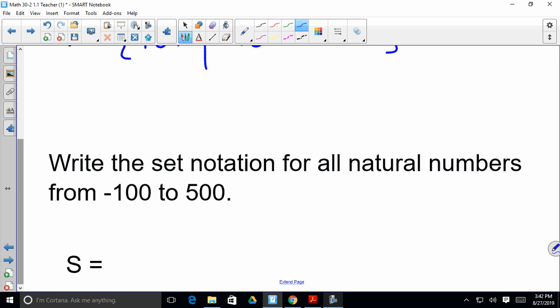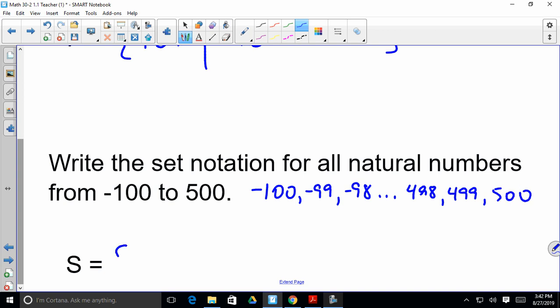Do you really want to go minus 100, minus 99, minus 98, ... 498, 499, 500? No. That's x such that x starts at minus 100 and goes to 500. That's what you have to be able to do.